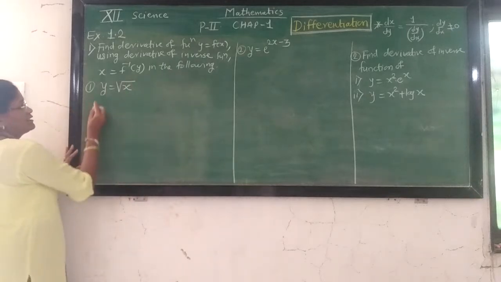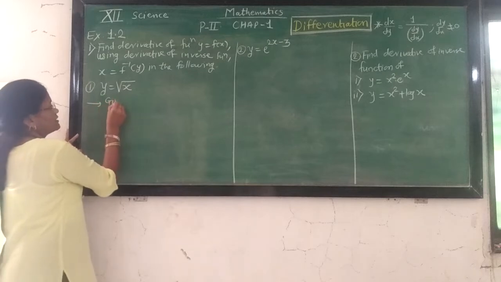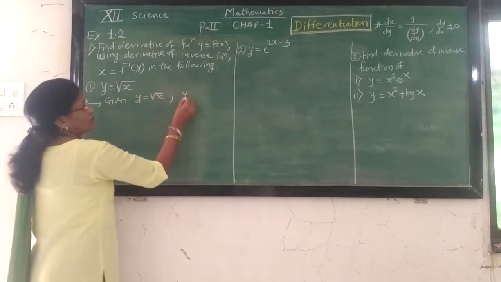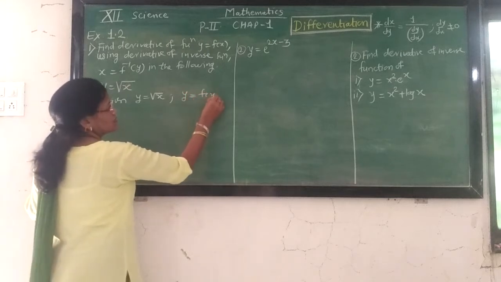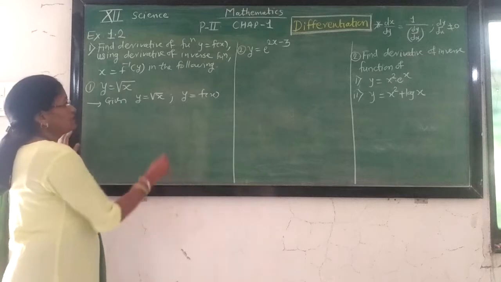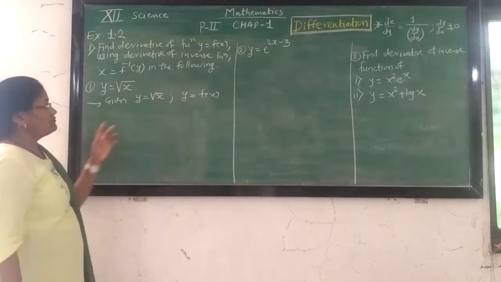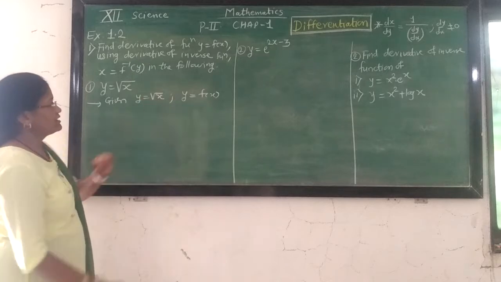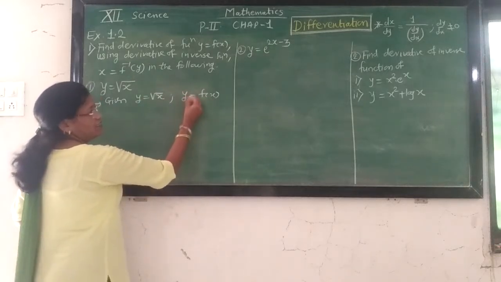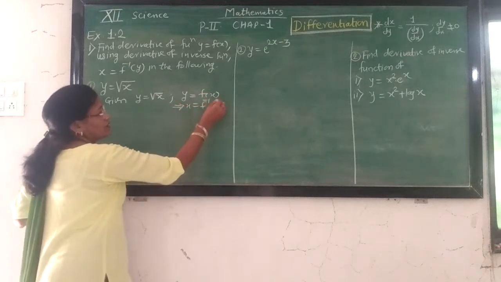Now for this we take the example y equal to root x. As the given function is y equal to f of x, here y equal to root x. The function is in the form of y as a function of x, that implies x is equal to f inverse of y.